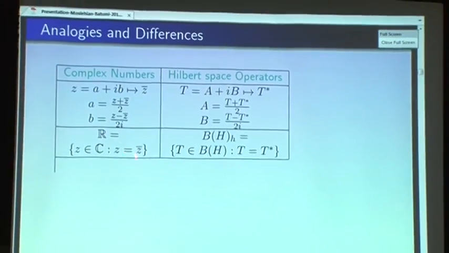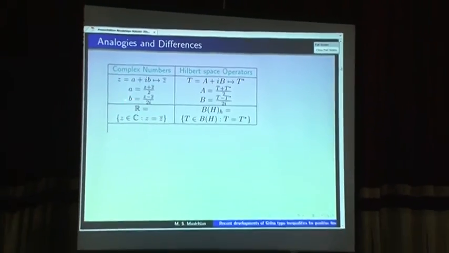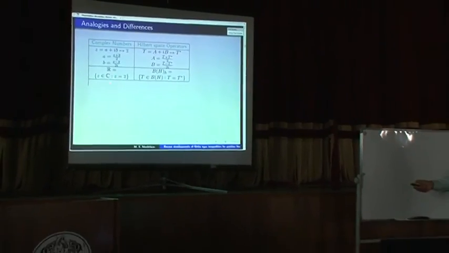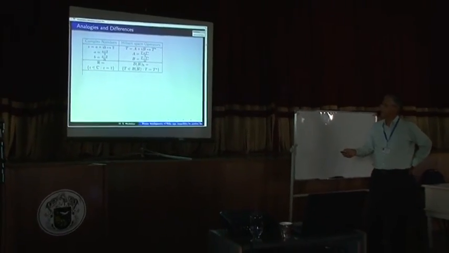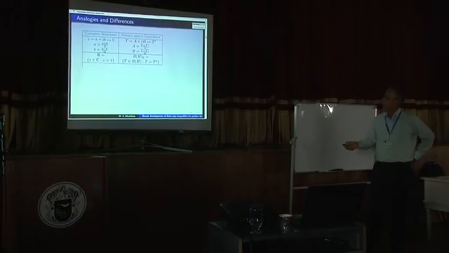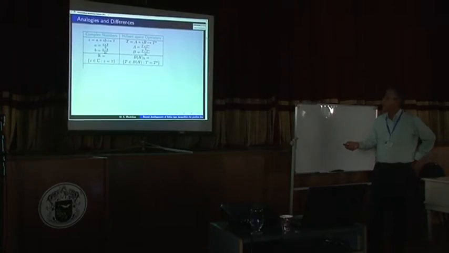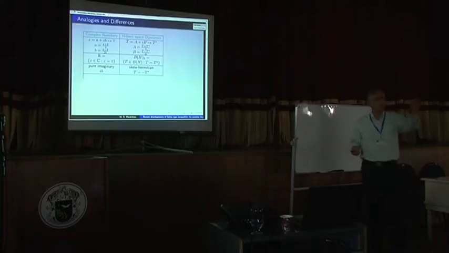In fact, real numbers are all complex numbers satisfying this, so we may try to define self-adjoint operators by this. The adjoint corresponds to the conjugation in the complex numbers, and pure imaginary numbers correspond to skew-Hermitian operators.